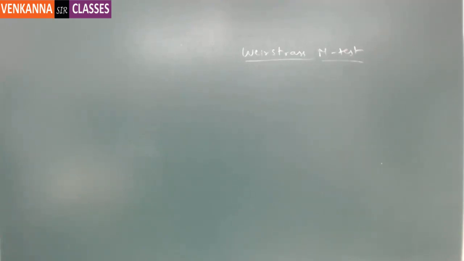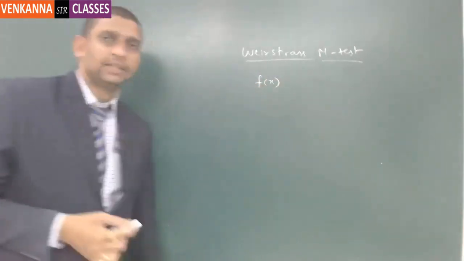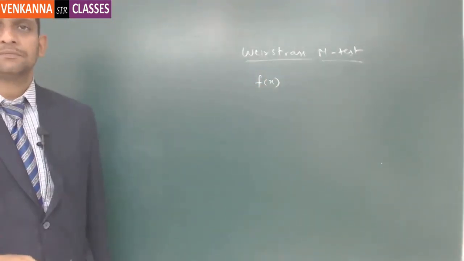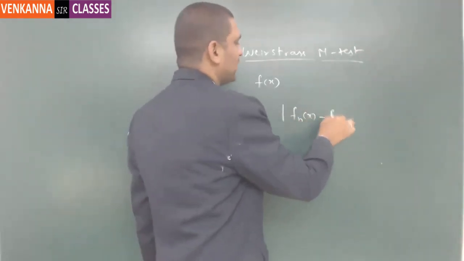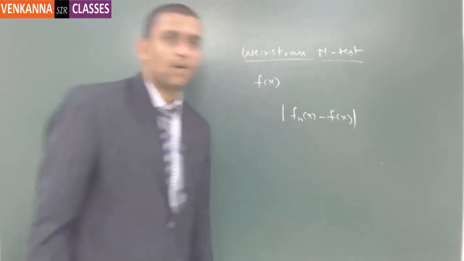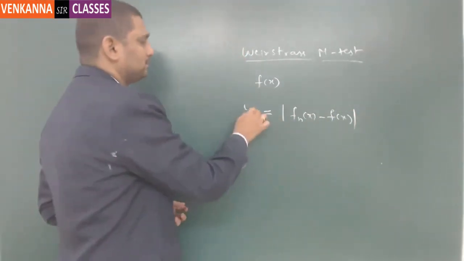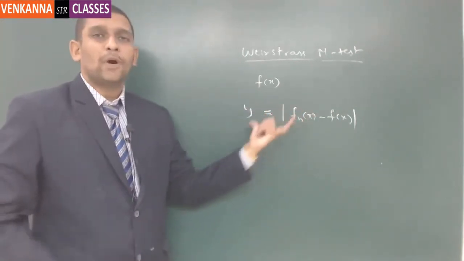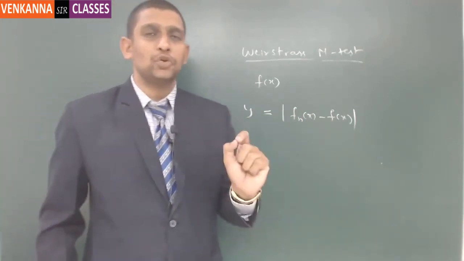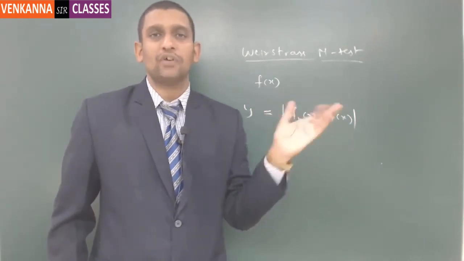Now, coming to Weierstrass M-test, it says that you calculate the limit function f of x, then you calculate the modulus of fn of x minus f of x, and you assume that this is nothing but y. Now you are going to calculate the supremum among this. It means that by substituting what value of x here, you are getting the biggest value of the function.